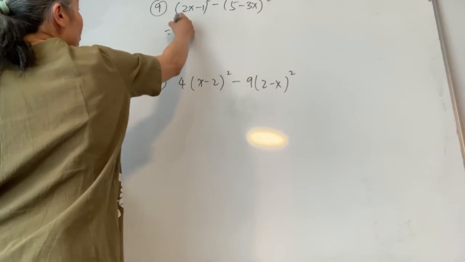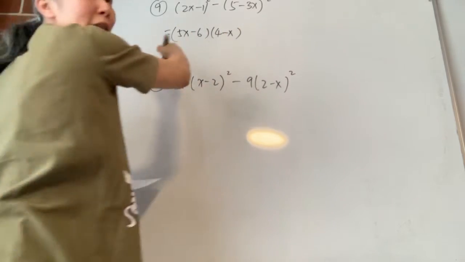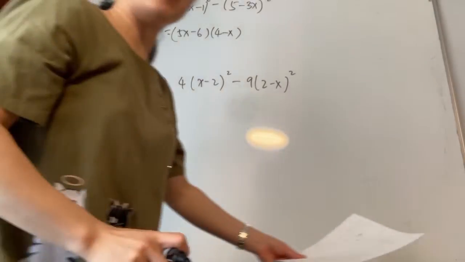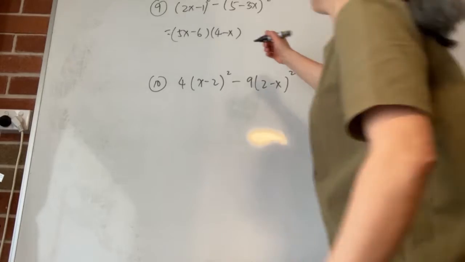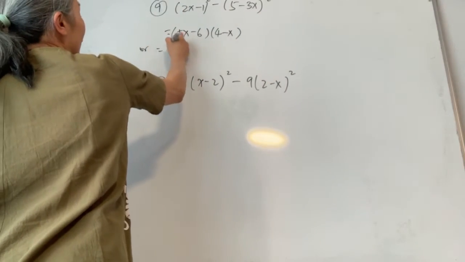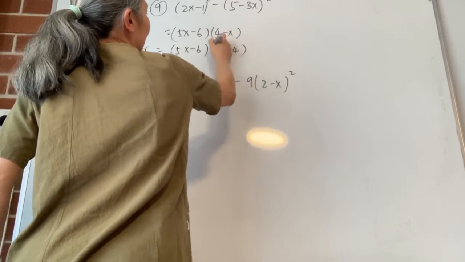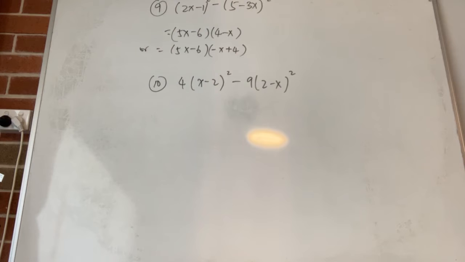This one you are going to have 5x minus 6, 4 minus 6. Is that what you have? Yeah. Yes. No. Is negative x plus 4? Yes, you can have either one. Negative x plus 4 is fine. Yep, good. Really, last one.